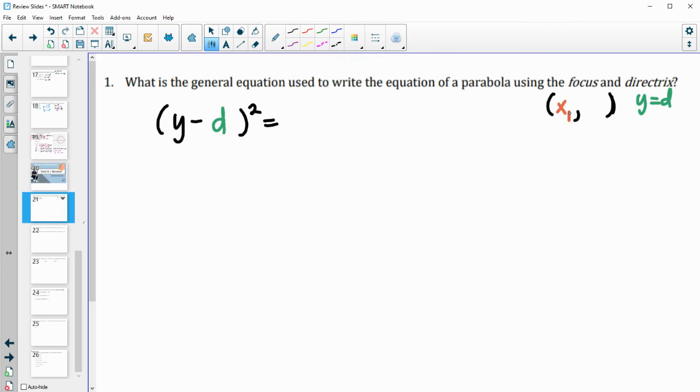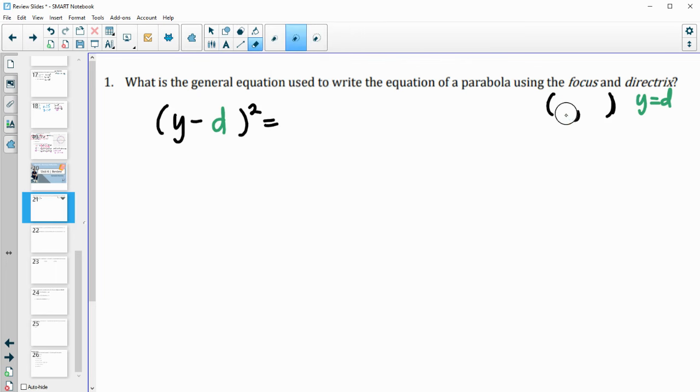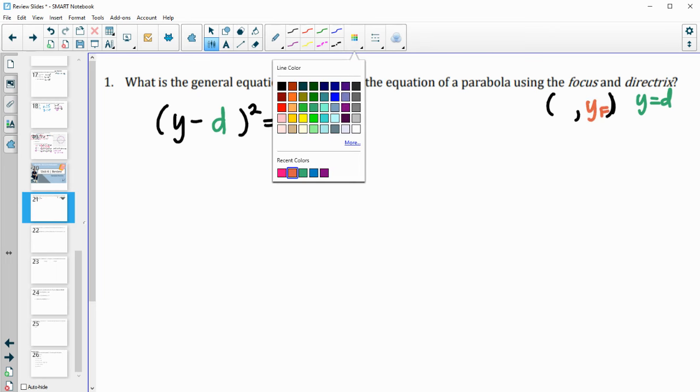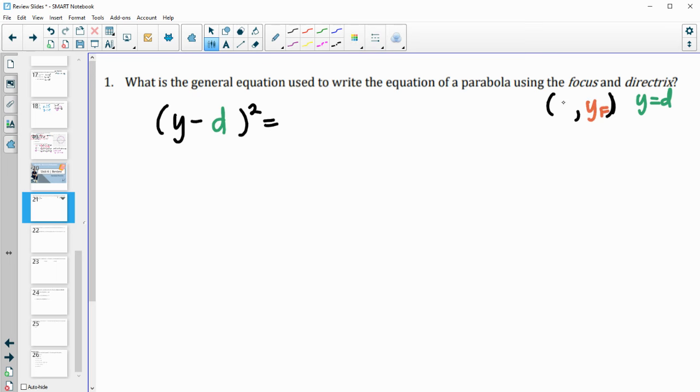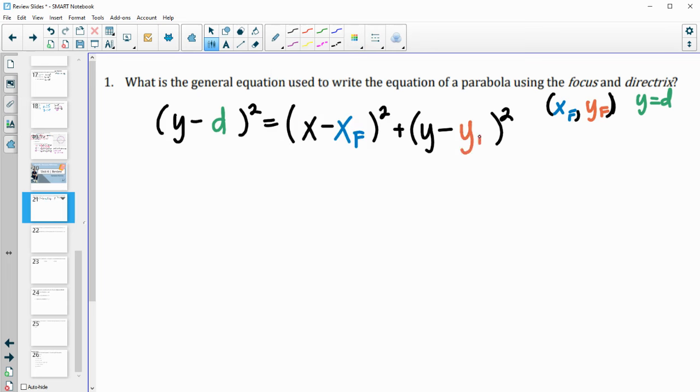So I'm just going to call this x of the focus and y of the focus. Actually, let me switch colors here. So y of the focus and x of the focus. And so then we have y minus the directrix squared equals x minus the x coordinate of the focus squared plus y minus the y coordinate of the focus squared.